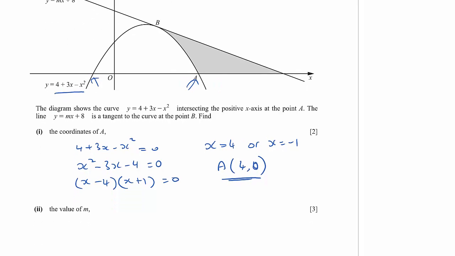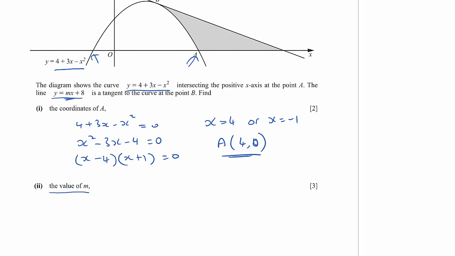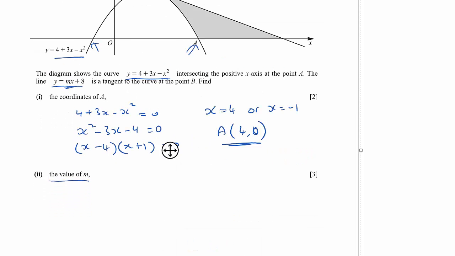The value of m is the next thing, and that is the gradient of this tangent. So we know that these intersect at the point B shown, but there's only one solution to that.